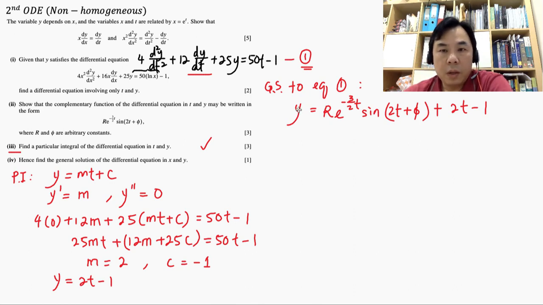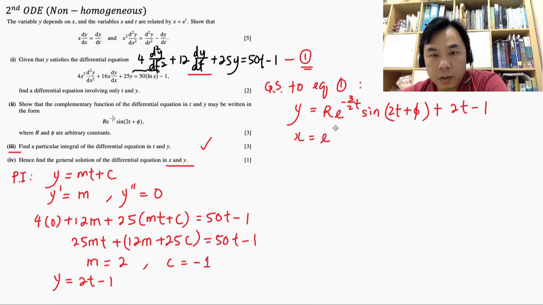All right. Now that will be in terms of y as a function of t, but we need to transform it back to y as a function of x here. Now knowing that x is given by this, we therefore know that t is equal to ln x here.